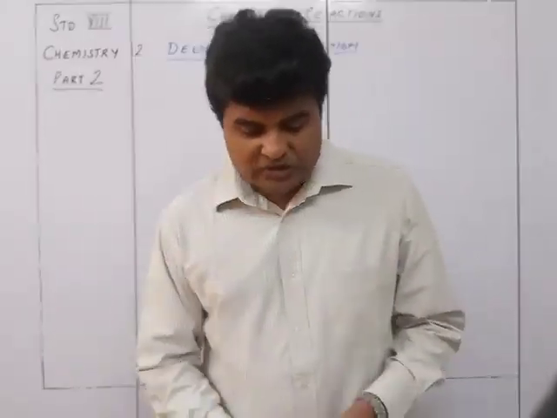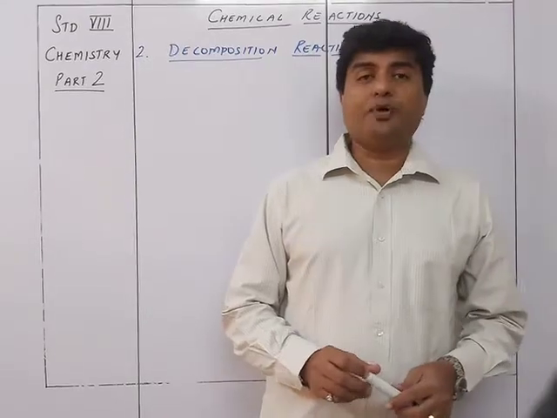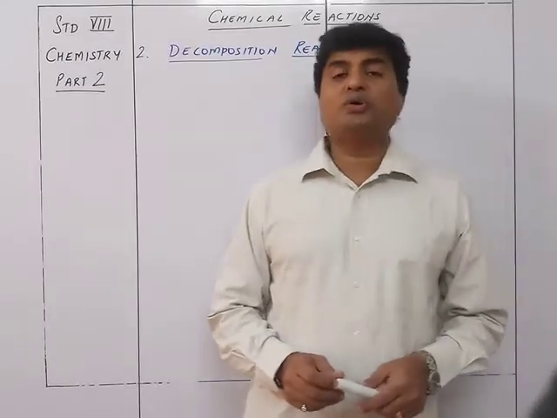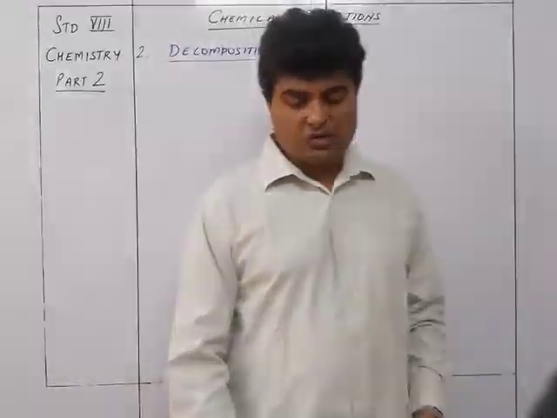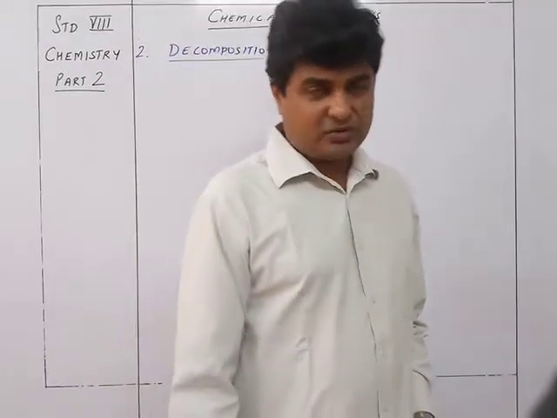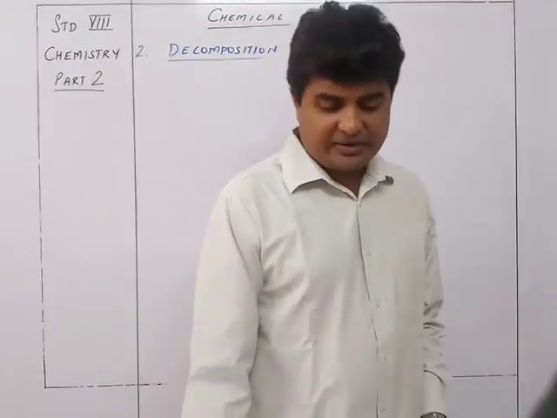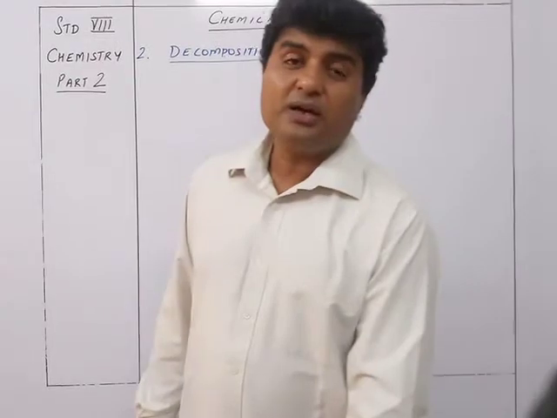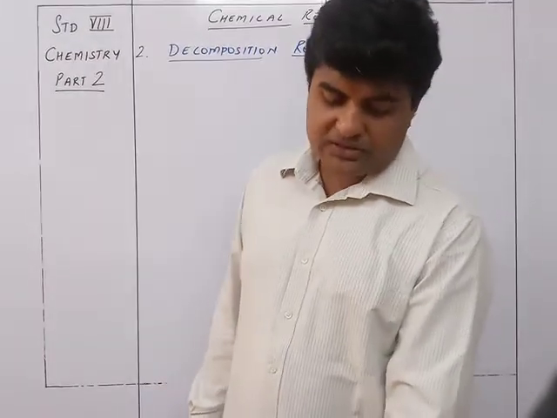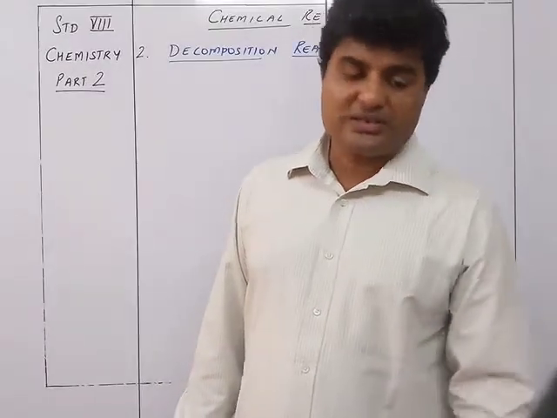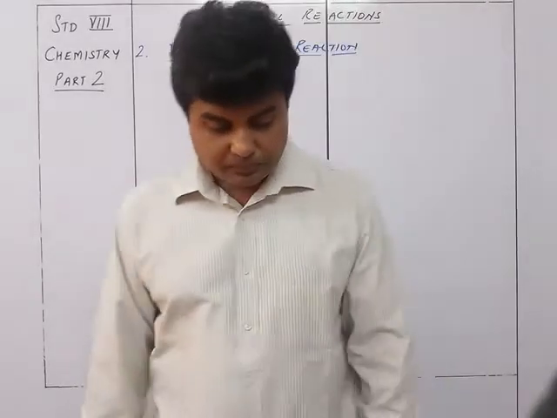So a reaction in which a chemical compound decomposes into two or more simpler substances is called a decomposition reaction. Okay, so the definition is a chemical reaction in which the chemical compound decomposes into two or more simpler substances.